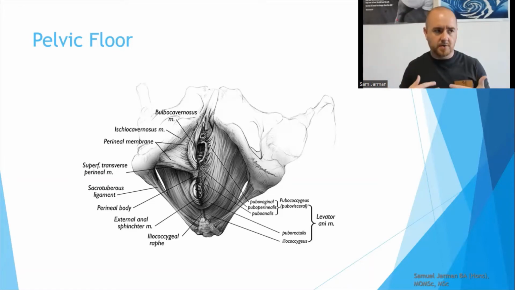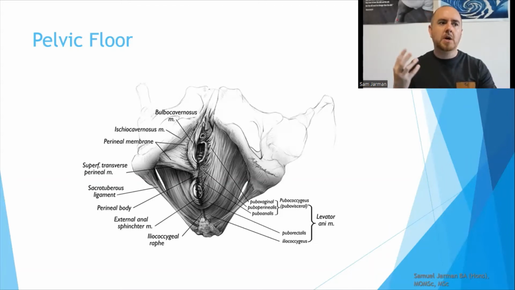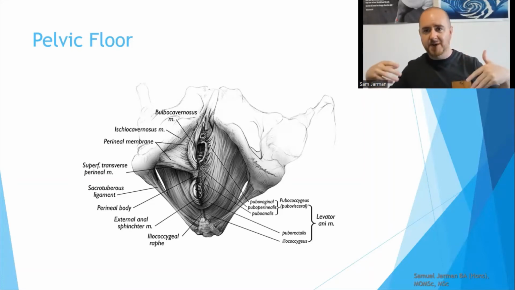They're innervated more or less by the pudendal nerve, such that they are under conscious control. So this is why you can hold bathroom function, because you have conscious control of the external sphincter. So all of the autonomically driven stuff may be happening internally on the internal sphincter as well. But the external anal sphincter or the external urethral sphincter can hold the bathroom function to some degree and for some period of time. But more or less what you have is varying fibers going in varying directions, doing different jobs, but more or less they come together as a sling to a central raphe that goes from the coccyx to the pubic symphysis.